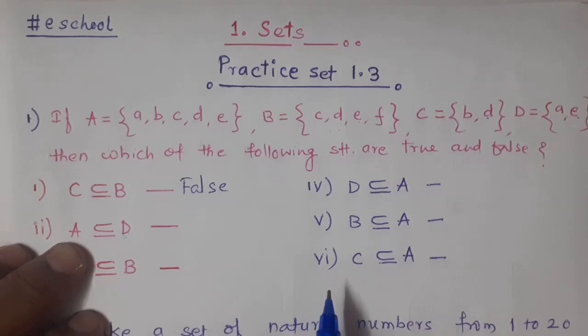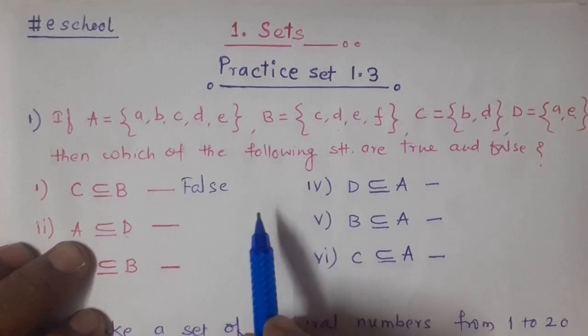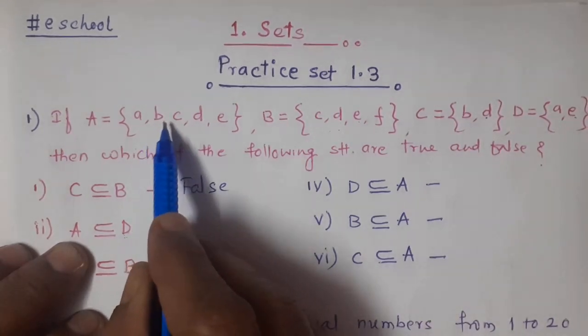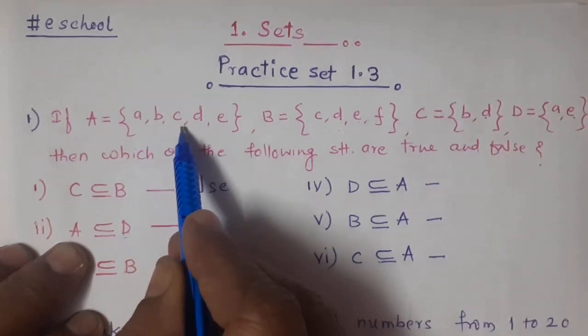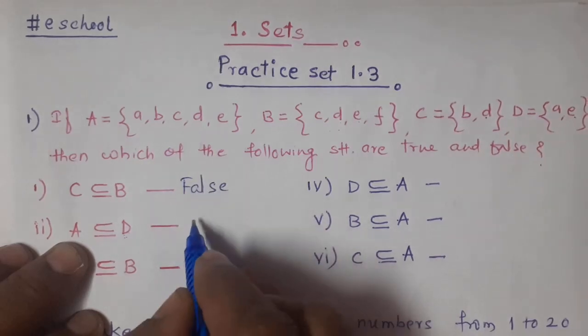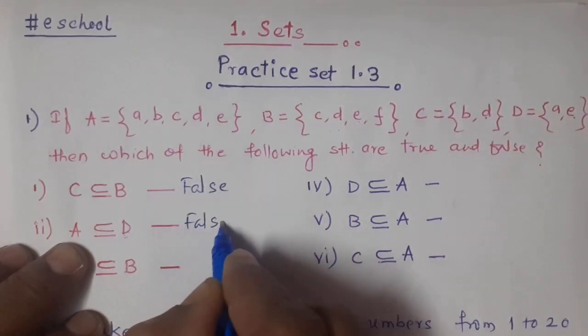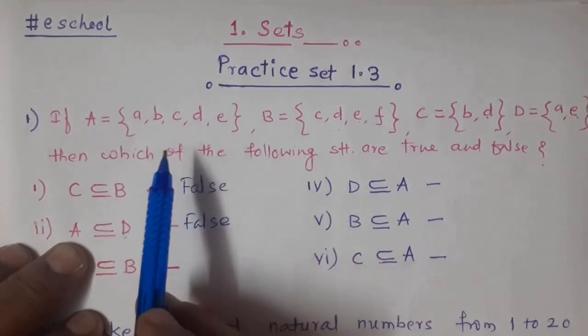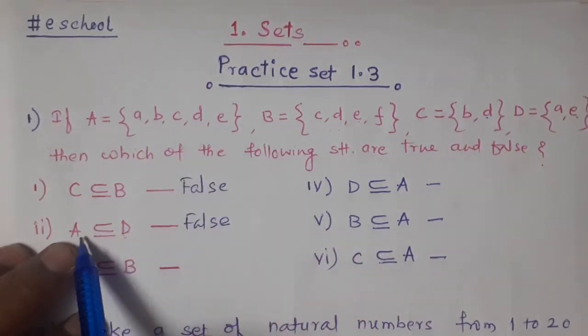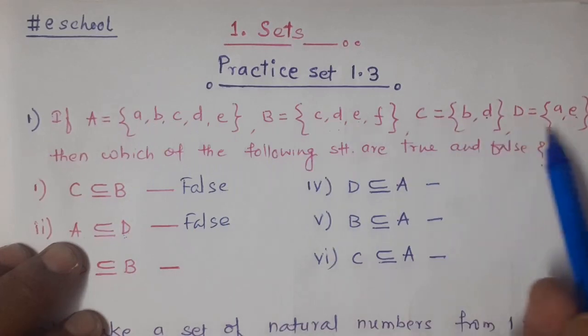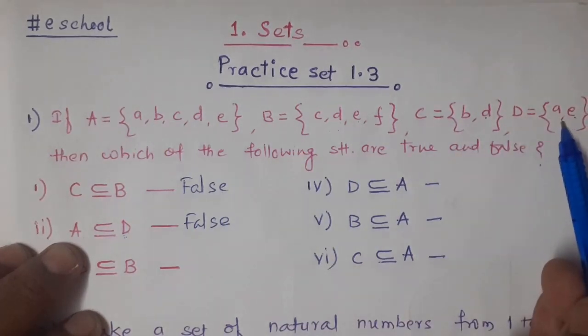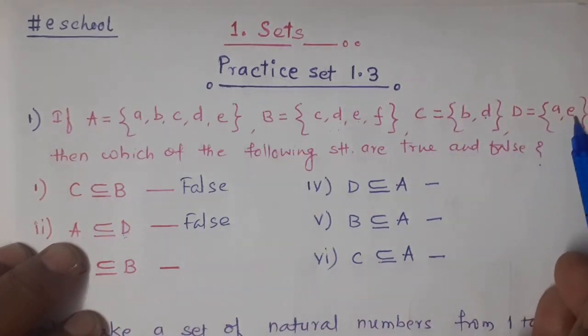All the elements of set A are not in set D. That's why it is also false.